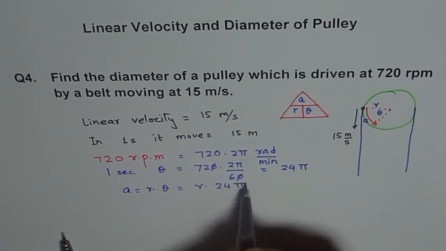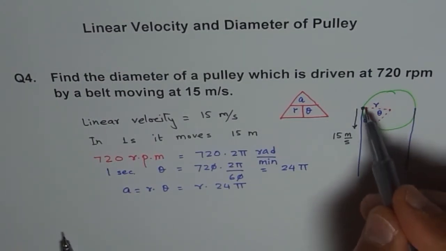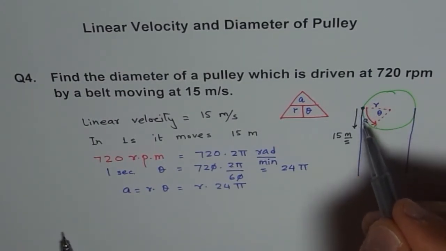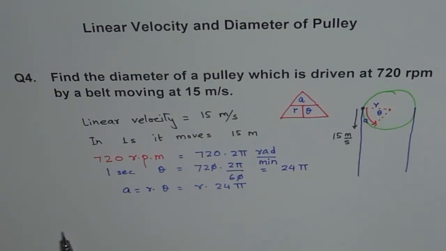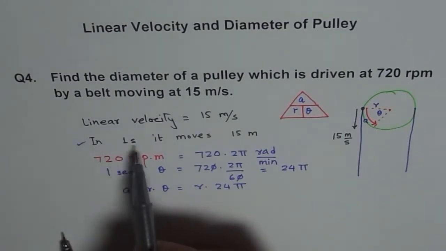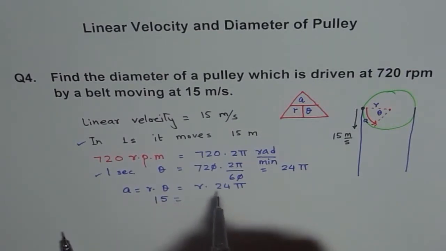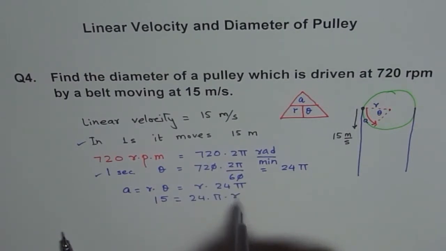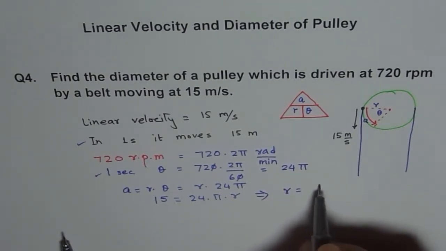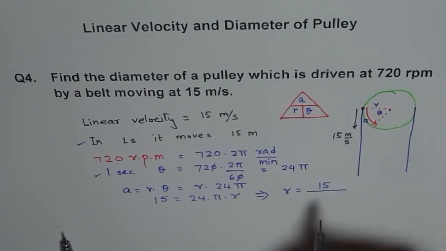24 pi. Now, as you know, the circular distance covered is the same as the linear distance covered in 1 second. So we are equating these two, in 1 second and this also in 1 second. When you equate this, you get 15 equals 24 times pi times r. And now from here, you can find r. So r equals 15 divided by 24 times pi.